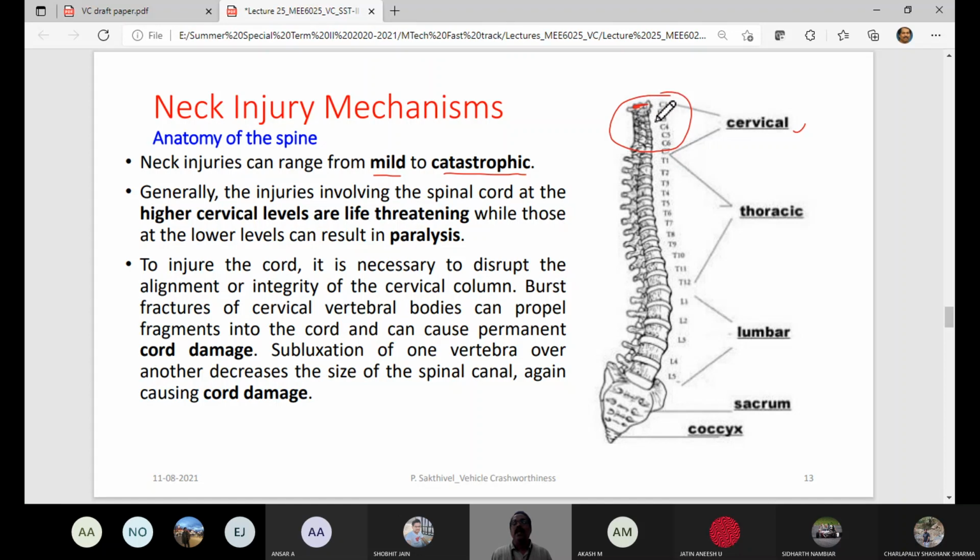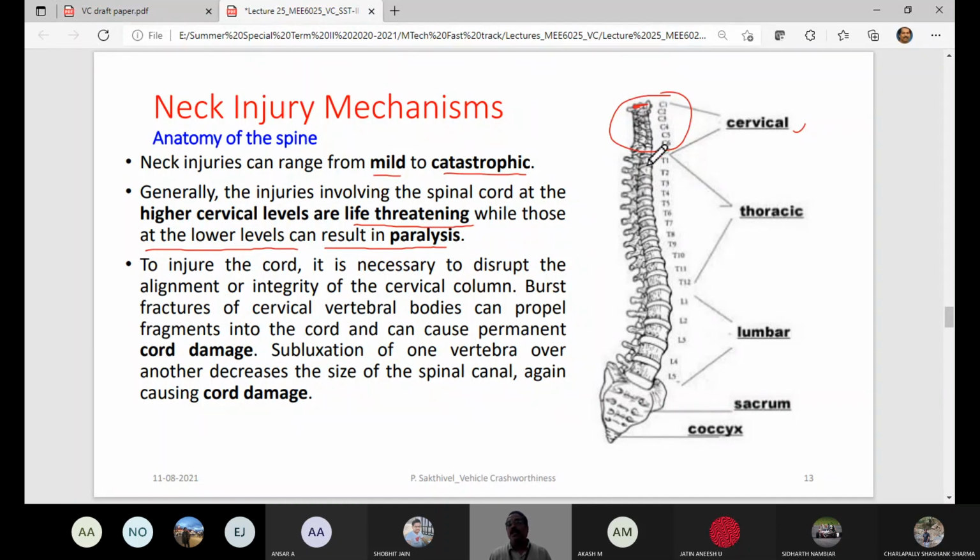That's a very sensitive portion that gets affected. Generally, injuries involving the spinal cord at the higher cervical level are life-threatening, while those at the lower levels can result in paralysis. Life-threatening here means fatality. Paralysis means you get paralyzed.